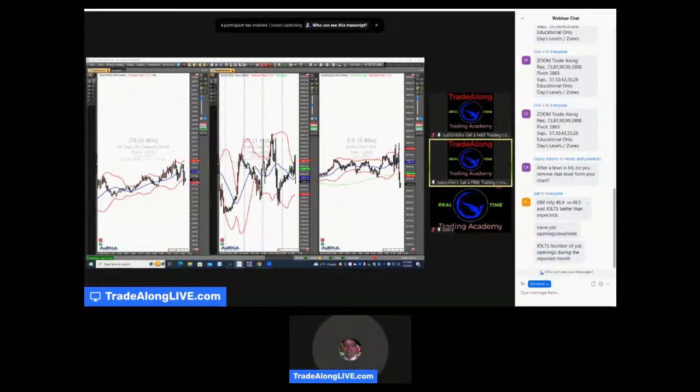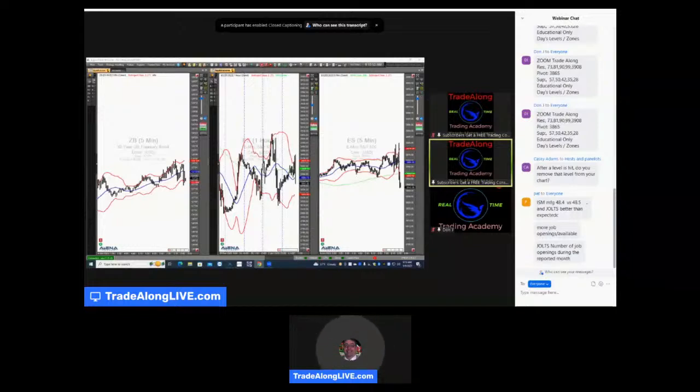Well, this number has created some nice moves here, basically covering our whole range since the number is out. And again, how people determine what these numbers mean is kind of hard to figure out, right? So we don't try to figure out what they mean.